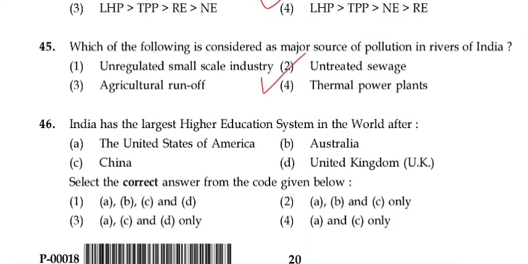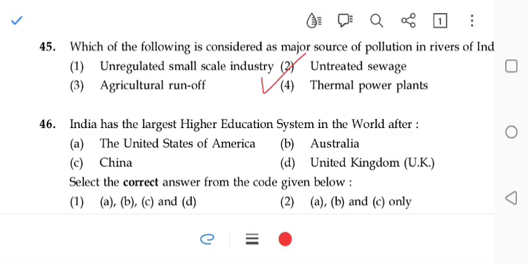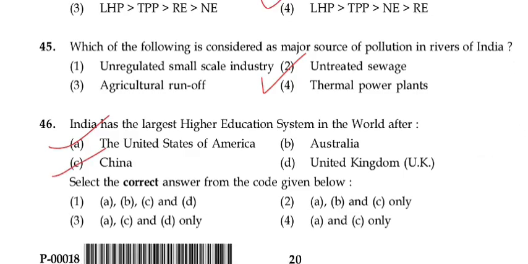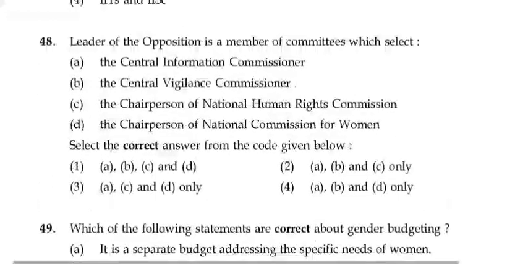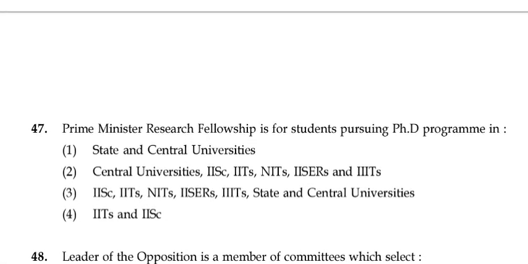46, India has the largest higher education system in the world after which country? The United States of America, Australia, China, United Kingdom. ABCD, ABC, ACD, AC. So it will be 4, after the United States of America and China. Then 47, Prime Minister Research Fellowship is for students pursuing PhD program in what?